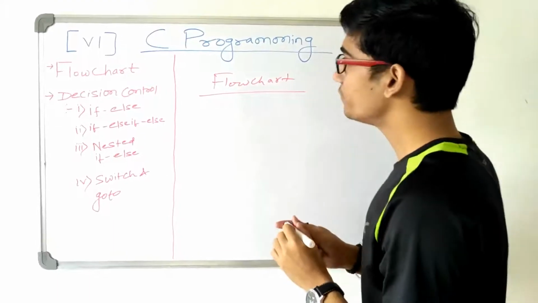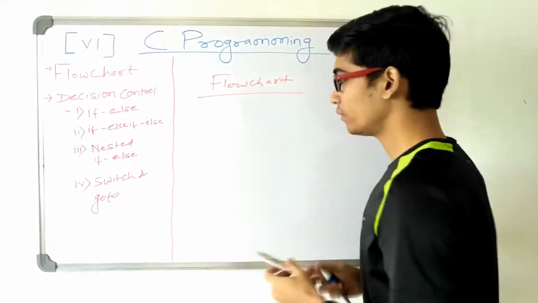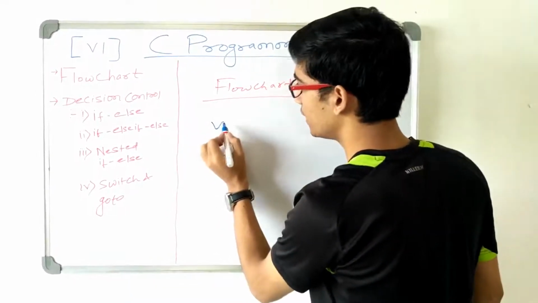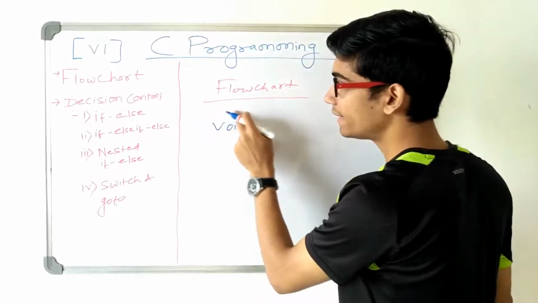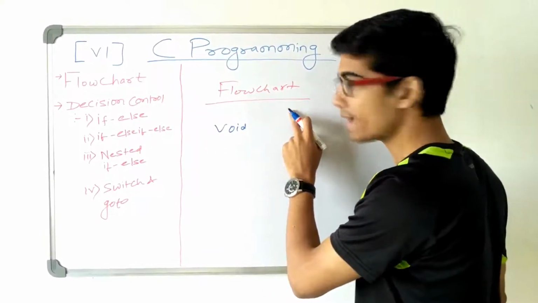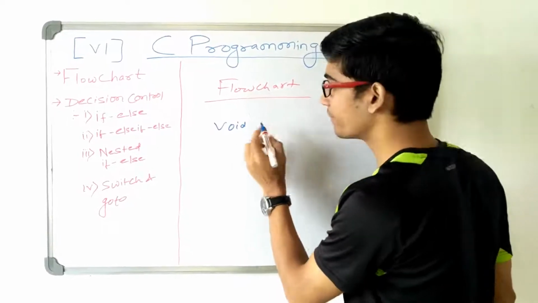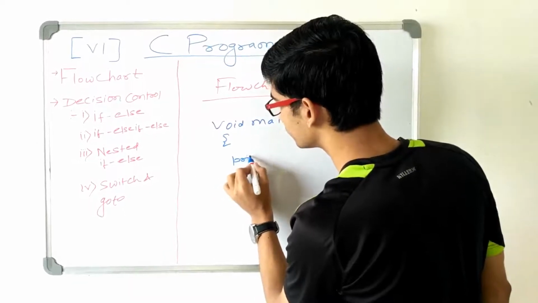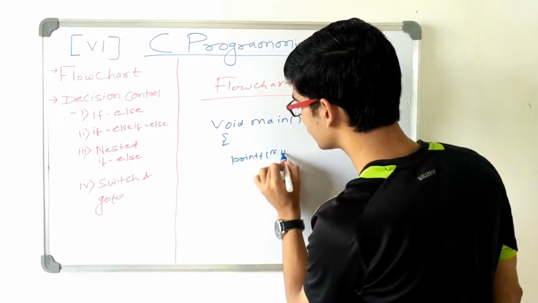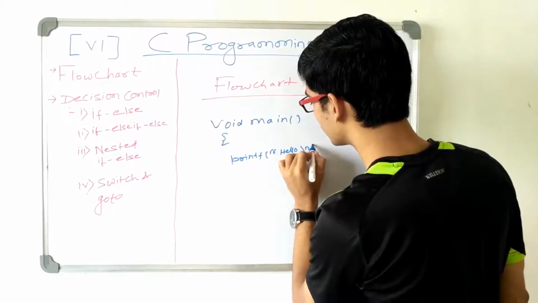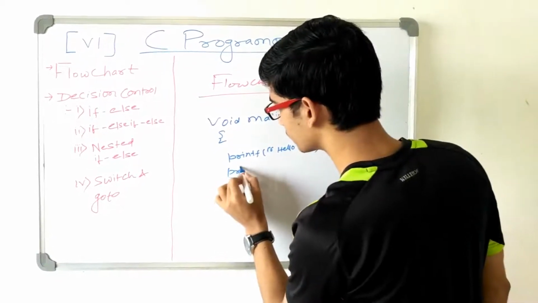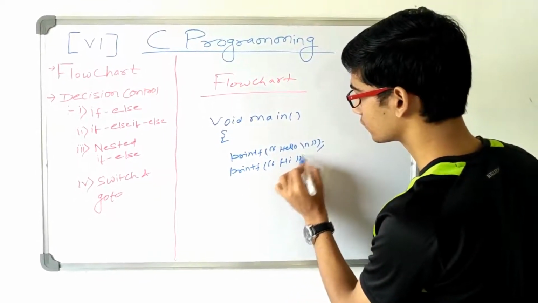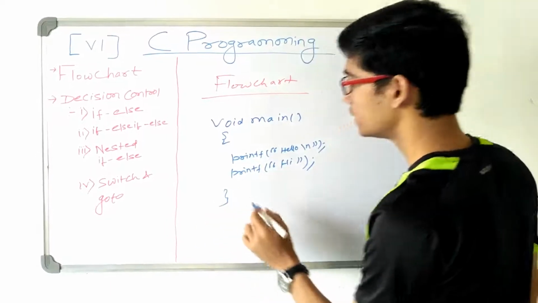First of all we want to know what a flowchart is. Let me write a simple program first. Assume that I have written the header file include stdio.h; I have not written it in order to save time.